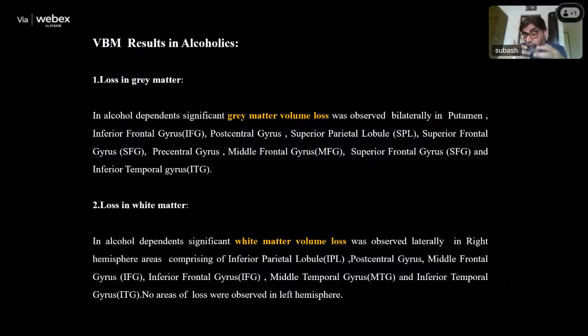They are still able to talk and speak whatever they want to speak. But other areas like attention, memory, balance, everything is disturbed except the language, probably because there's no area in the left hemisphere which is affected in alcoholism. When we saw this VBM analysis.